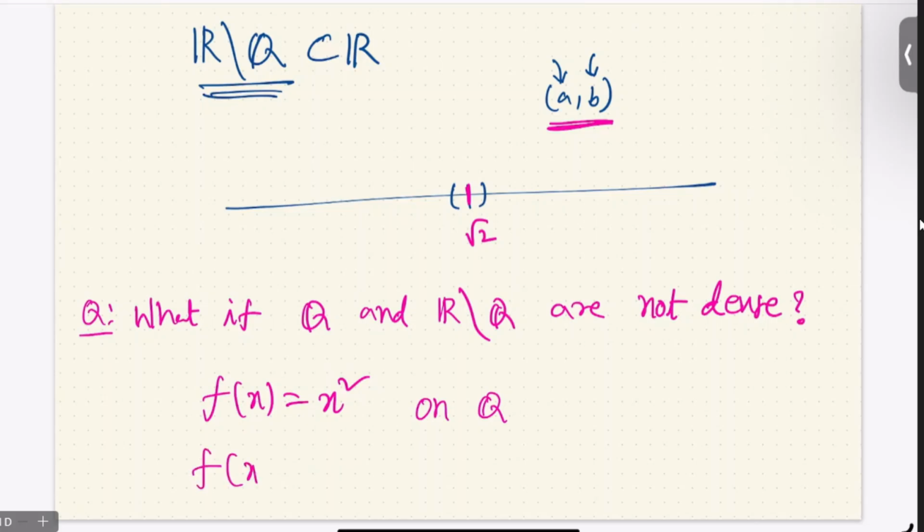It is not possible to draw, sir. We can draw f(x) = x squared on N, we can draw. On Q, we can draw. But the only thing is, on N, you just see discrete points only.